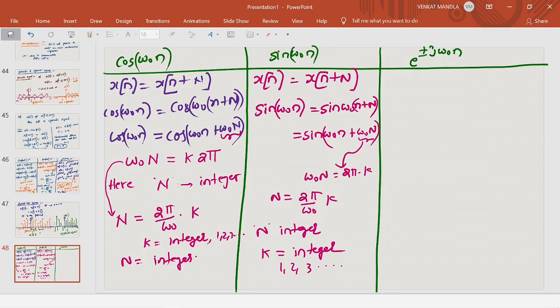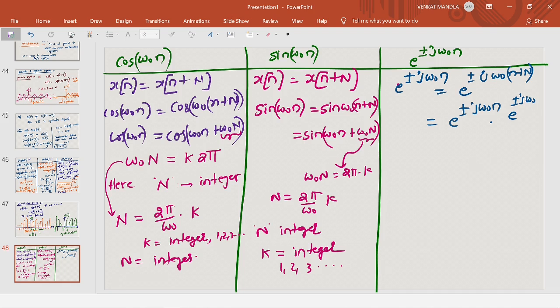Here also, e power plus or minus j omega naught n. Take e power plus or minus j omega naught n equal to e power plus or minus j omega naught of n plus capital N. That is e power plus or minus j omega naught n into e power plus or minus j omega naught capital N. This has to be 1. So this exponential term should be 1.